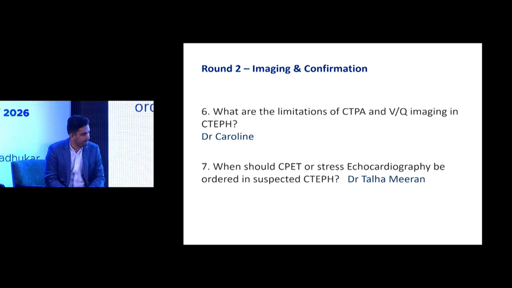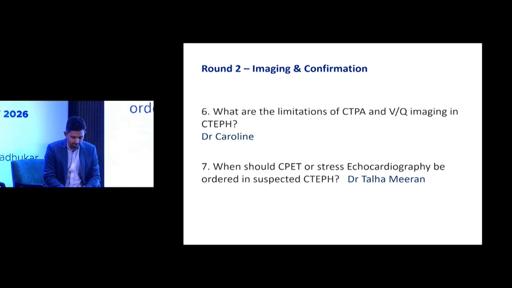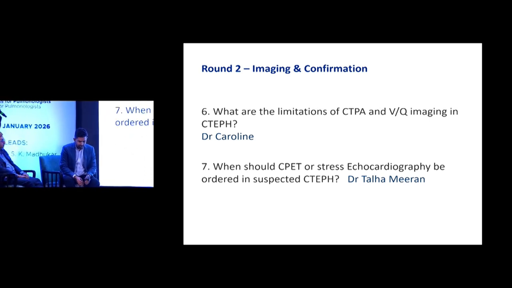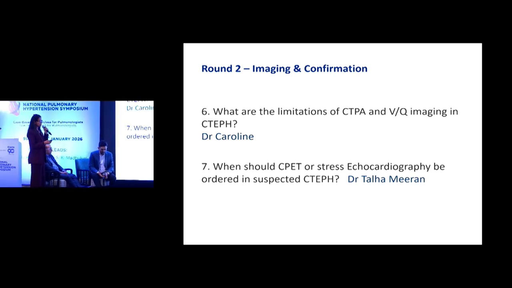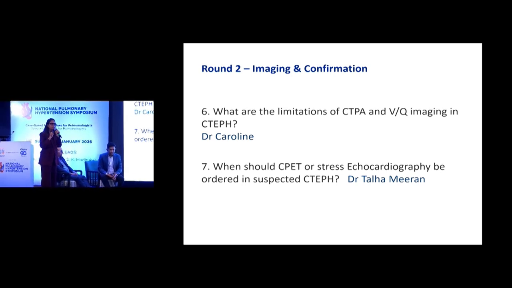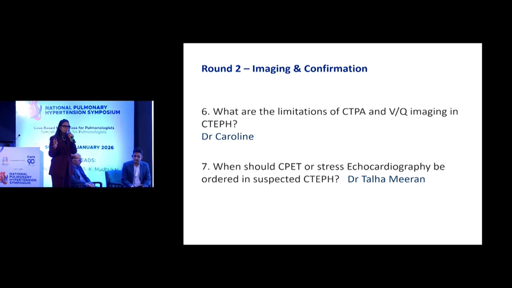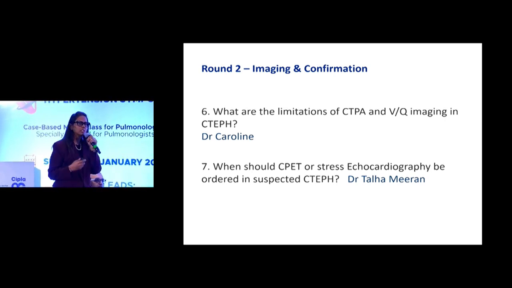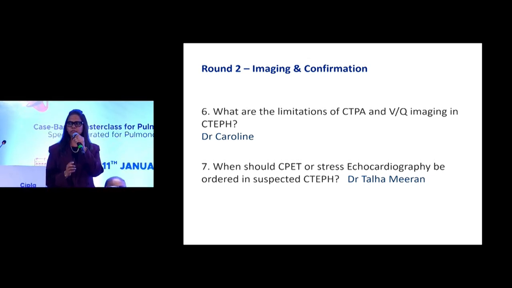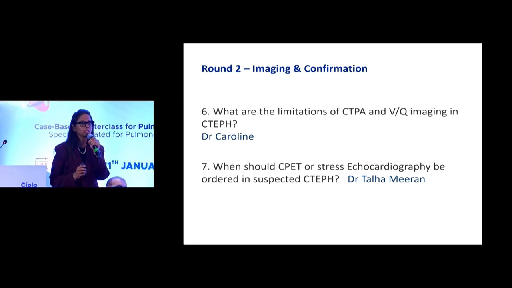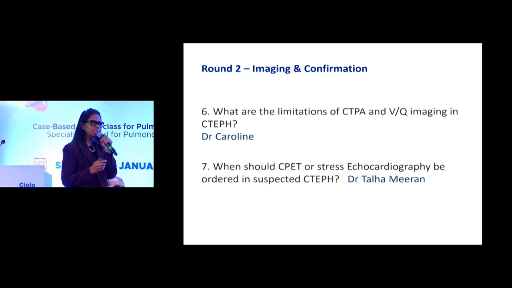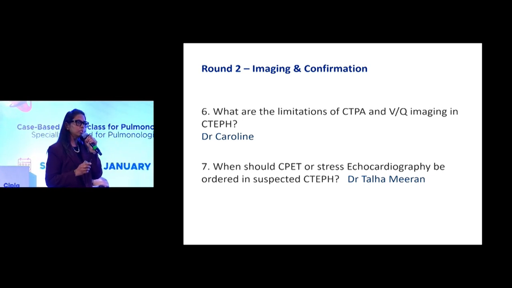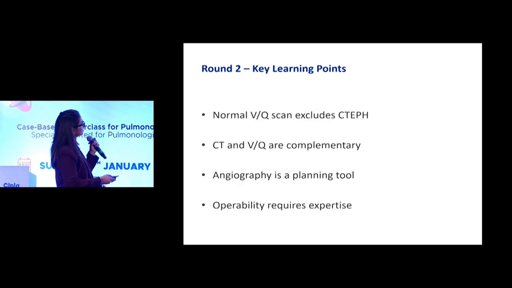Great. So this is a new addition in the 2022 ESC guidelines, the CPET indication. When we have an abnormal VQ scan and a normal resting echo, then you should subject this patient to a CPET to look for circulatory limitation. If these patients have circulatory limitation, they are highly suggestive of chronic thromboembolic pulmonary disease, and you should investigate them further.